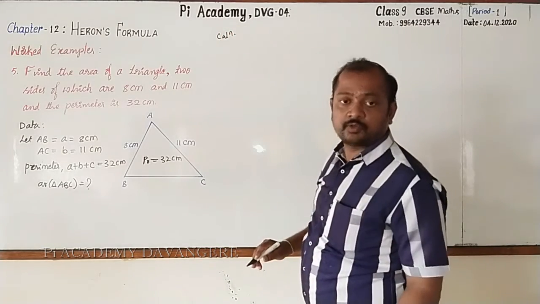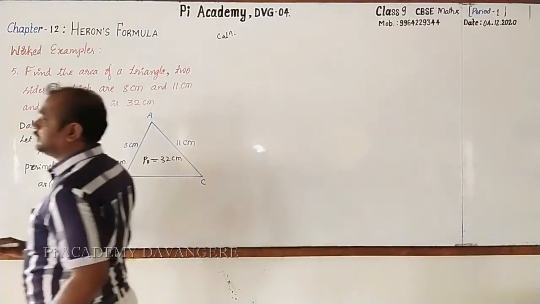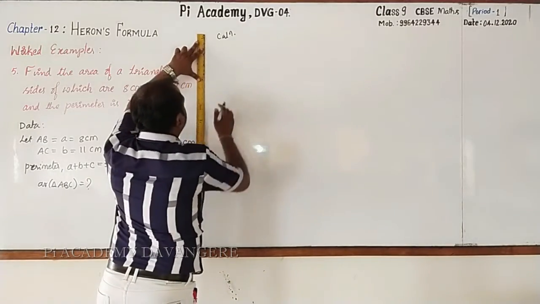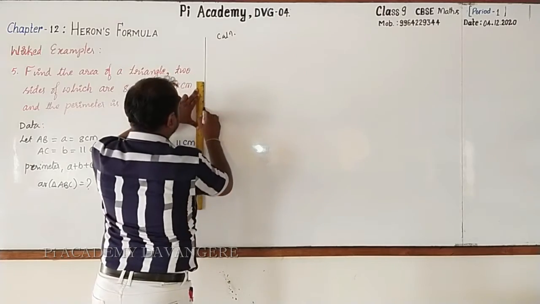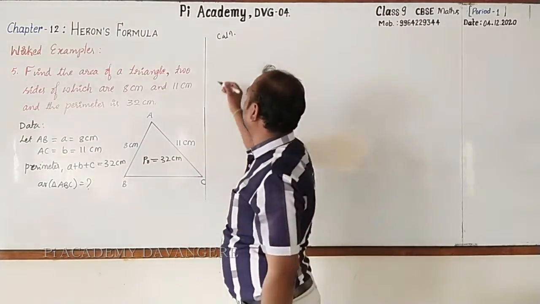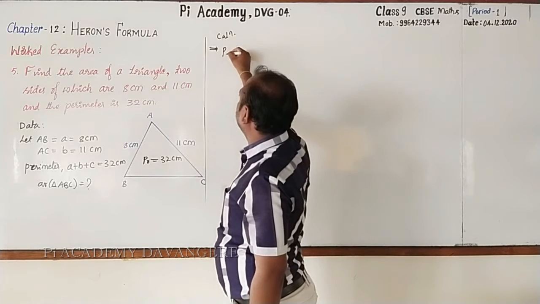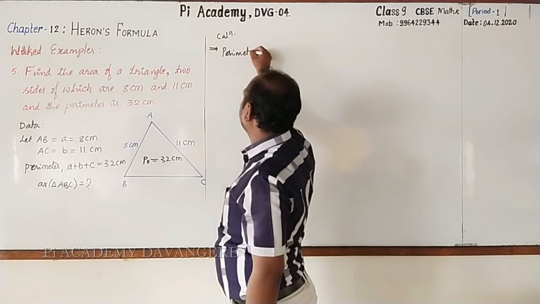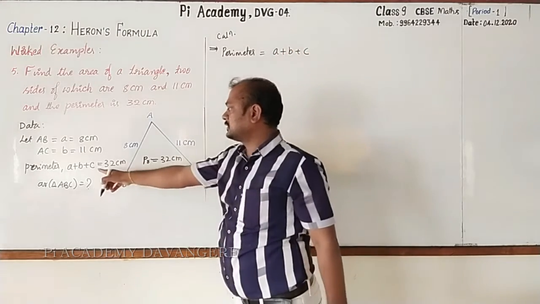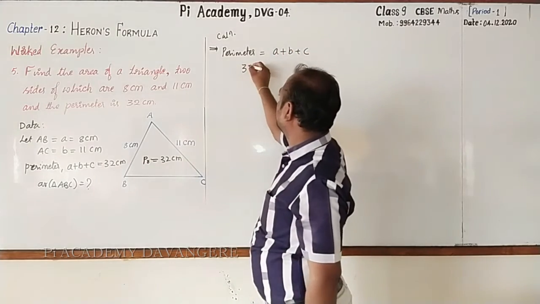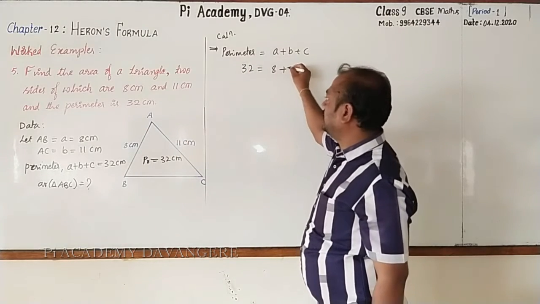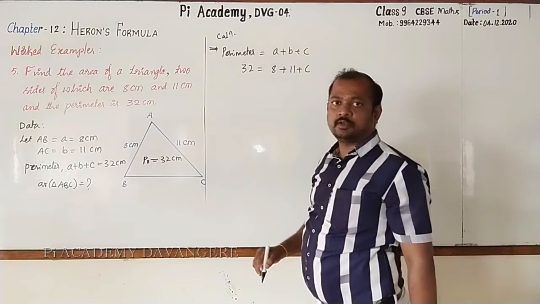Now let's move on to calculation. So first we have to find out the third side. Let us use the perimeter formula to find out the third side. What is the perimeter formula? Here, perimeter is equal to A plus B plus C. How much is it? It is 32. And where A is 8, B is 11, C is unknown.